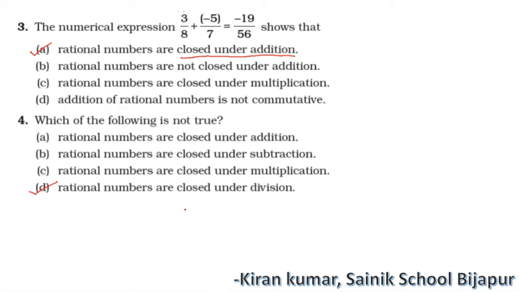Because I'll give an example: 1 by 0 is not defined. So when I consider division by 0, the closure property is not true. Except for Q equal to 0, in the rest of the cases, the closure property is true.